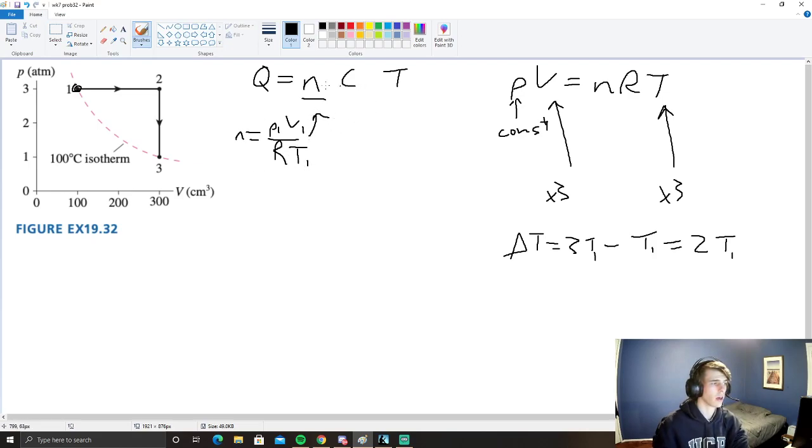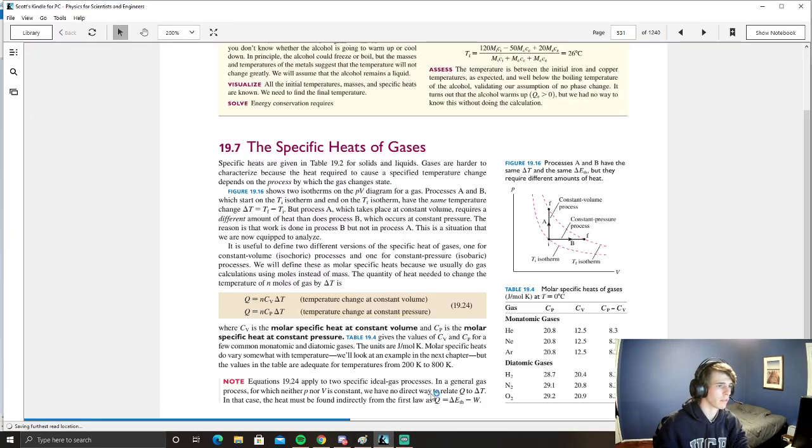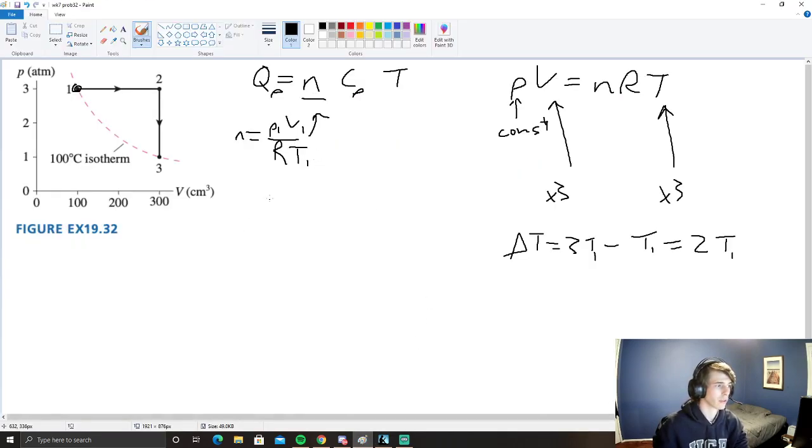For this part, we will have a constant pressure process. The question doesn't tell you, but you can look up in the book that the CP value is 20.8 for a monatomic gas, like the problem says. After you plug in everything, the temperature cancels out, and you just need the 2 basically.